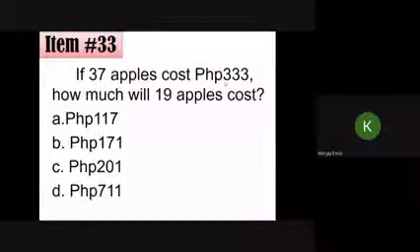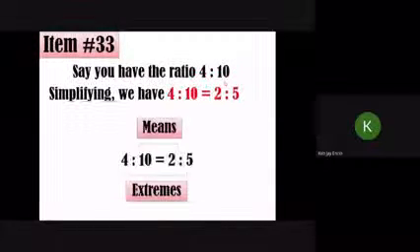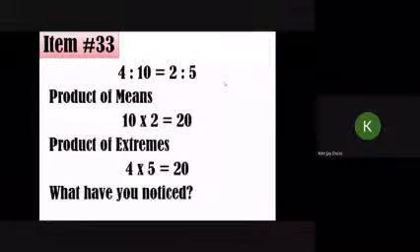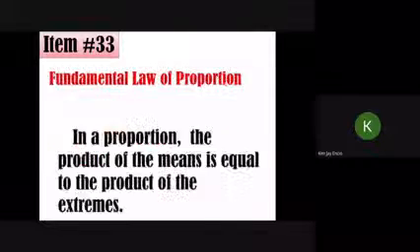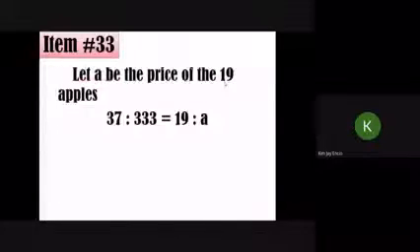In this case, I will no longer explain this because we have done this before. In a proportion, the product of the means is equal to the product of your extremes, right? So you let A be the price of the 19 apples. 37 is to 333 equals 19 is to A. So 37 and A are the extremes, 333 and 19 are the means.